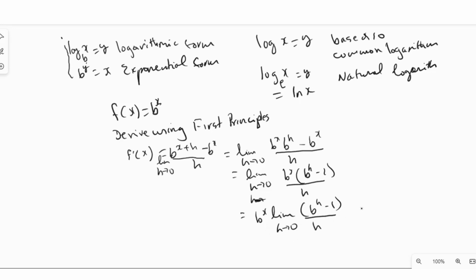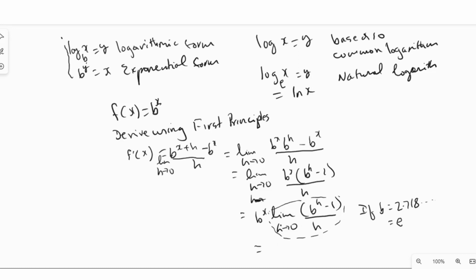Therefore, if I give b equal to 2.718 and so on, this number is called Euler's number, which is called e. So when b is equal to e, then this limit, if you use your calculator with e as 2.718, you will get 1.